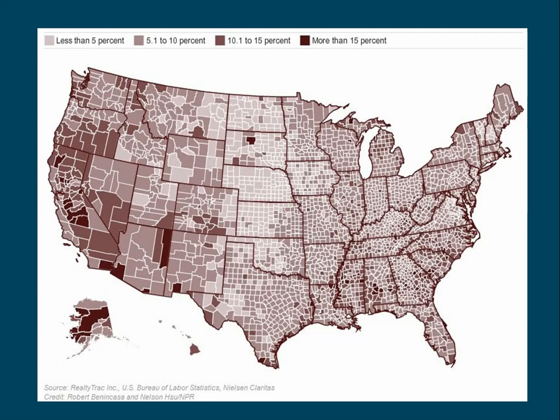All right, so this map was made by Robert Benincasa and Nelson Siu. What it's looking at is labor statistics, trying to identify where we have unemployed people in different counties of the United States. So you can see where we're seeing trends of unemployment in different areas.